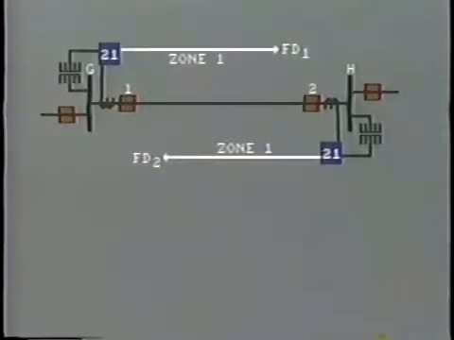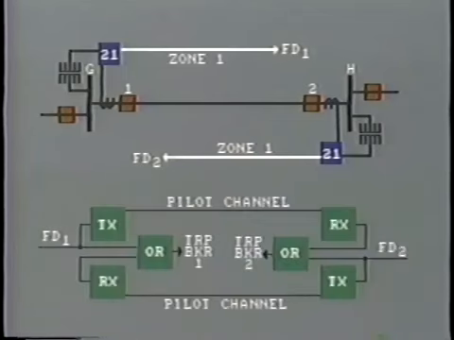In practice, the protective package at each end would probably include ground overcurrent relays, as well as distance relays for phase protection. The operating diagram that we have shown is a very simplified schematic. More often, you'll find a logic diagram applied instead, like this.